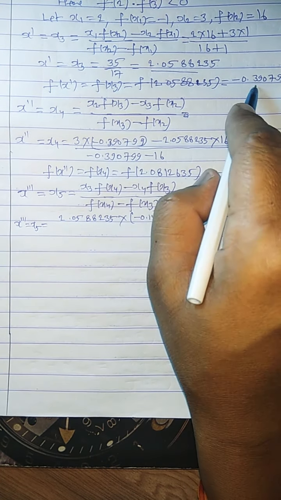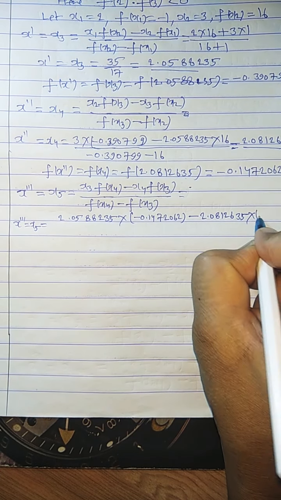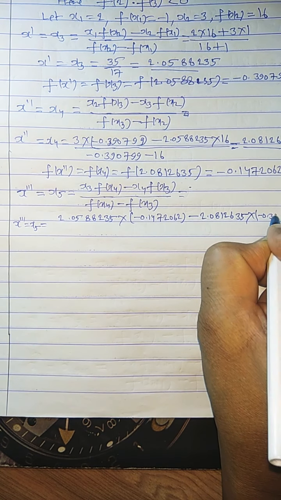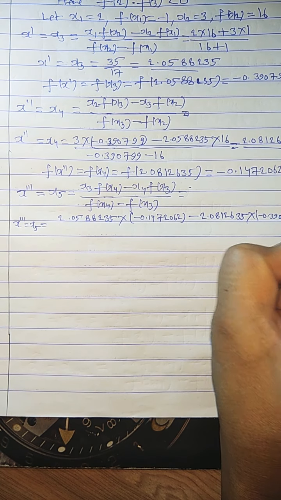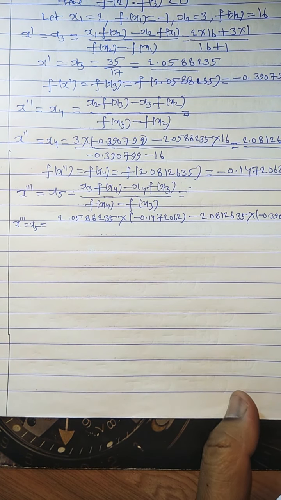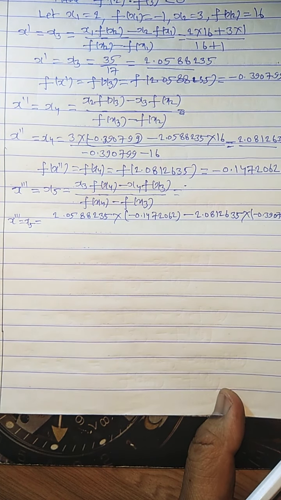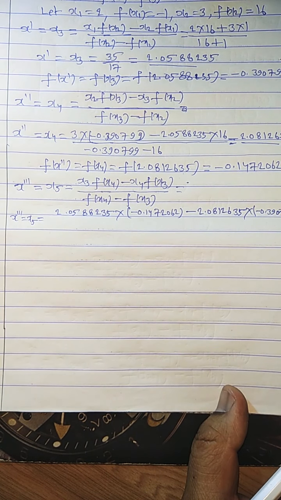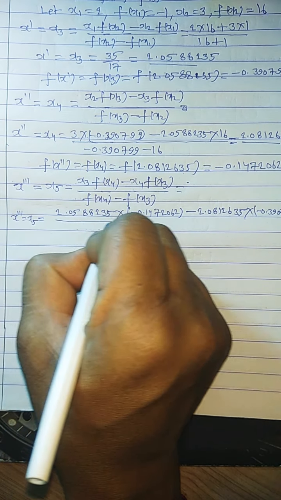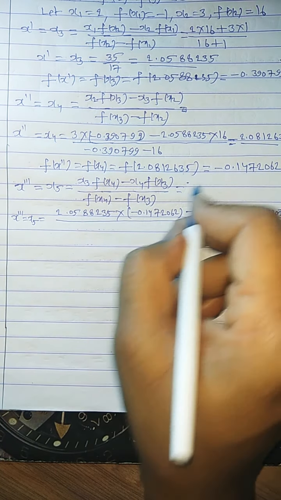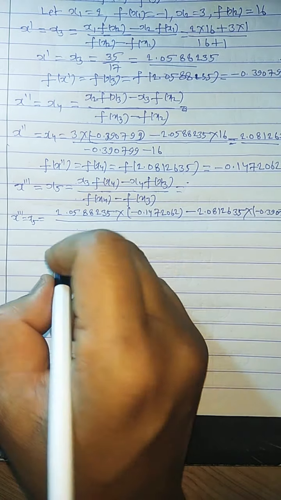What is the value of the function? It is minus 0.390799, upon f of x4 minus f of x3.